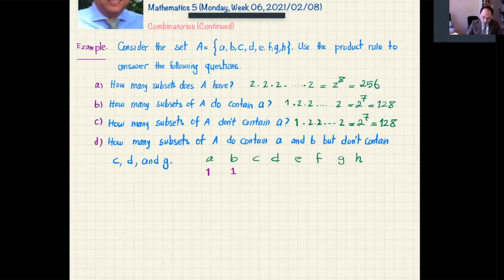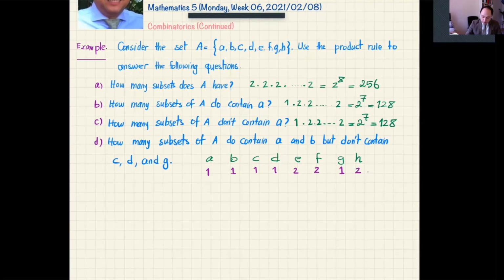But for C, D, and G, again, the scenario is clear. I have to exclude them. So again, there is only one option available for these. But the rest of them have two options available. So 2 for E, 2 for F, and 2 for H.